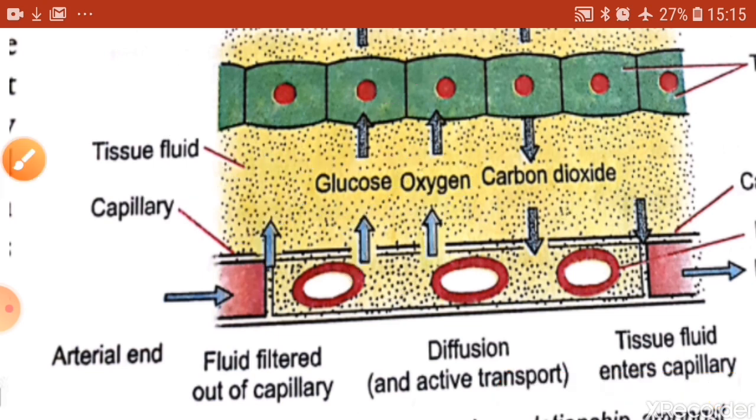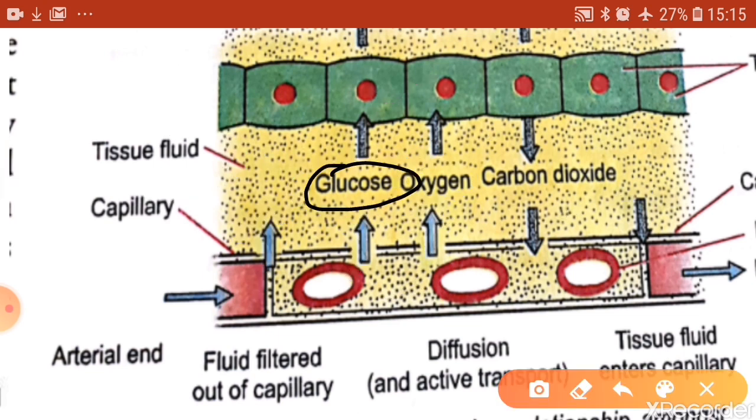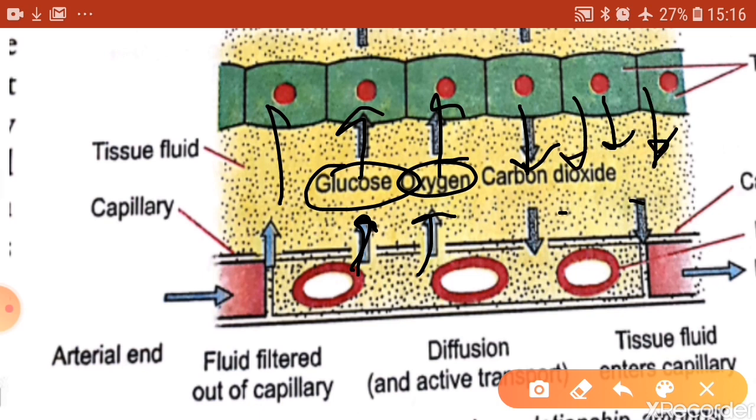It means that the glucose, which comes out by active transportation, and the oxygen, which comes out by diffusion, will diffuse from the tissue fluid into the cells where they are assimilated. At the same time, the cells also release waste materials like carbon dioxide and nitrogenous waste into the tissue. This is how exchange of material occurs.